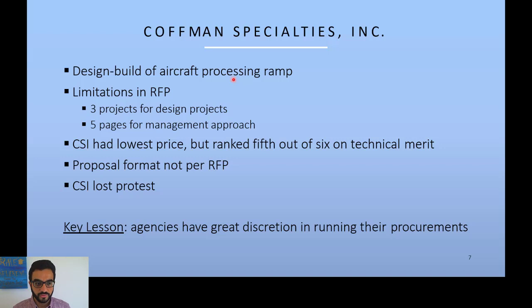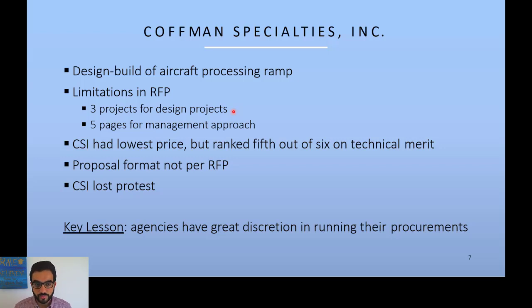We refer to them here as CSI, and they were doing design build for RAM for an aircraft facility. The RFP had some limitations: they asked for three design projects, meaning the previous experience needed to include three projects, and the management approach was limited to five pages.